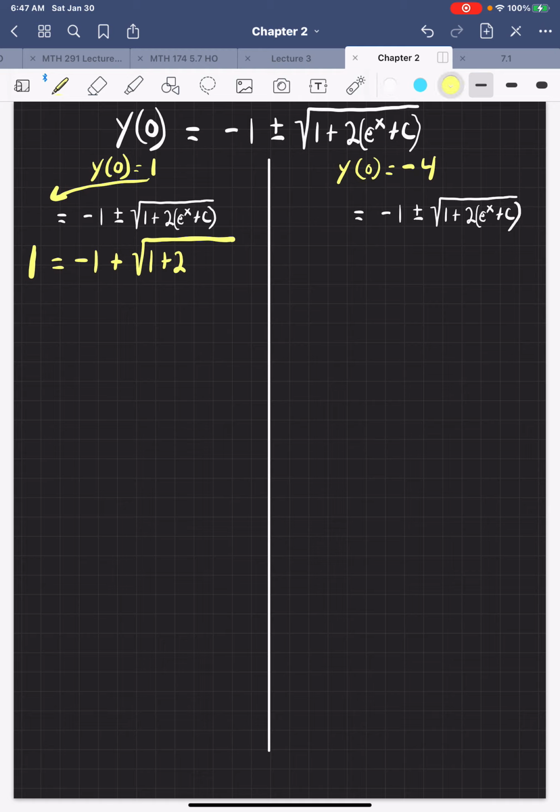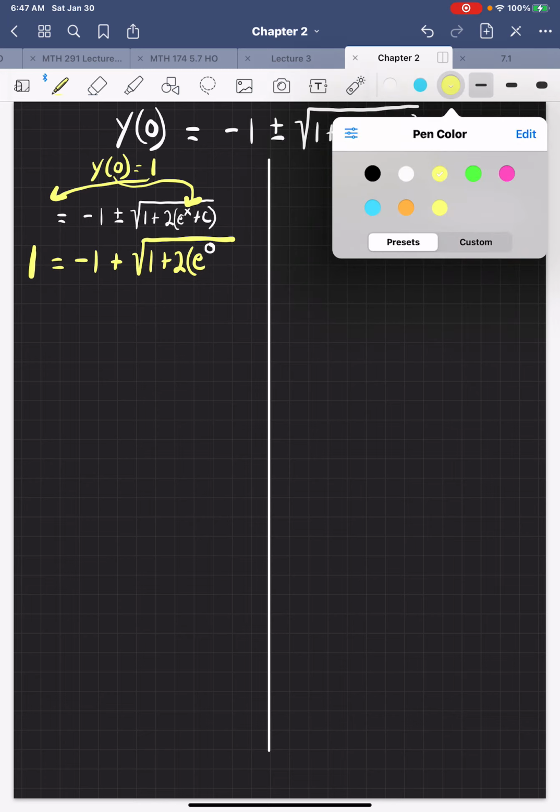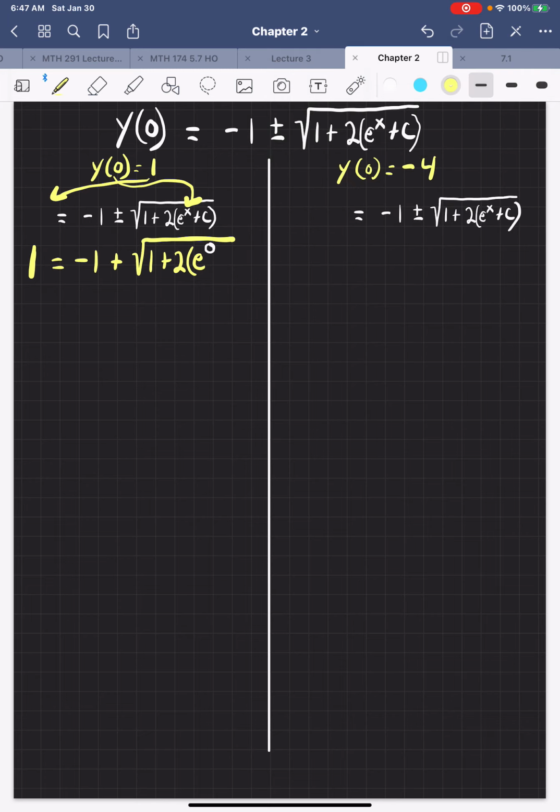Yep. 2 times e to the power of 0, right, so that 0 is going here. e to the power of 0 plus c.